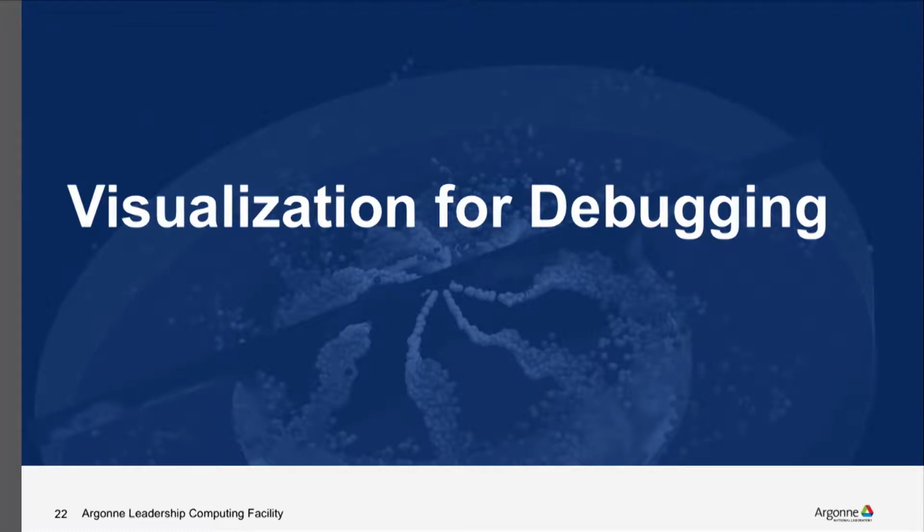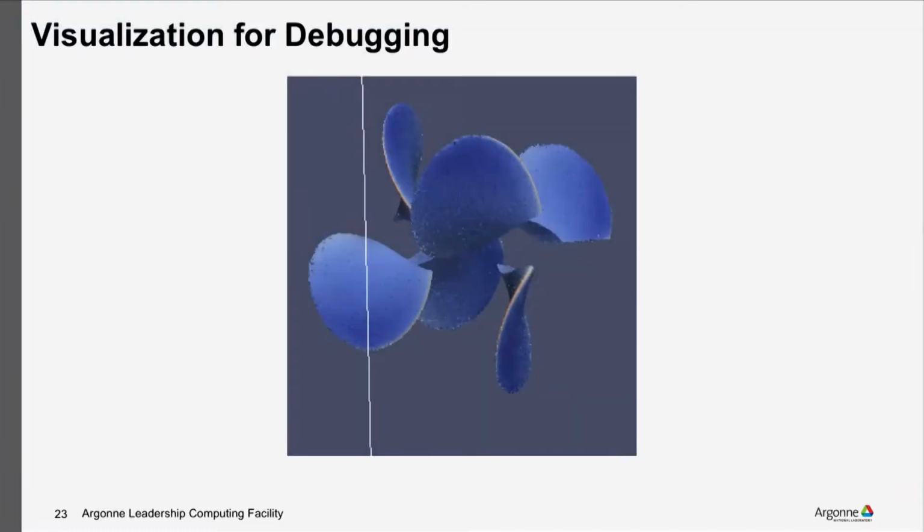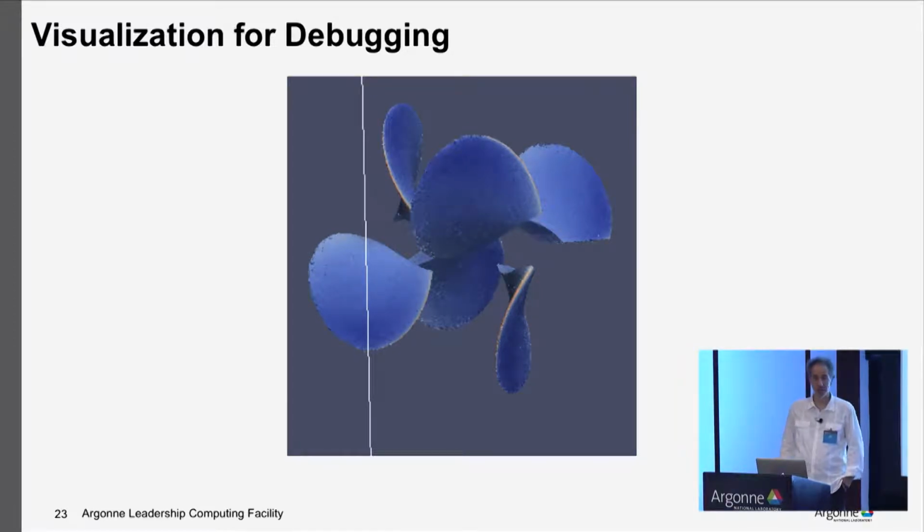So a couple more quick things here. Again, just a couple examples of looking at different ways of using visualization. Not just as your end product, but for example, for debugging. This is an example of when I was working with a team that was doing fluid flow.